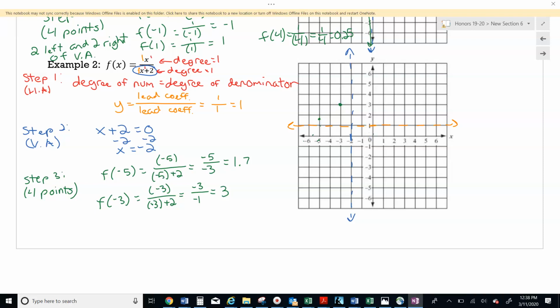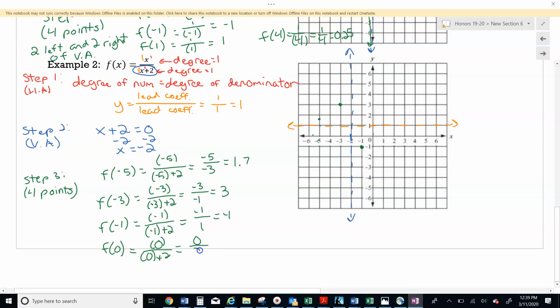And then I could do f of negative 1, which equals negative 1 over negative 1 plus 2, which is positive 1, which equals negative 1. And let's do 0. 0 is a nice easy number. Which equals 0 over 2, which is 0.